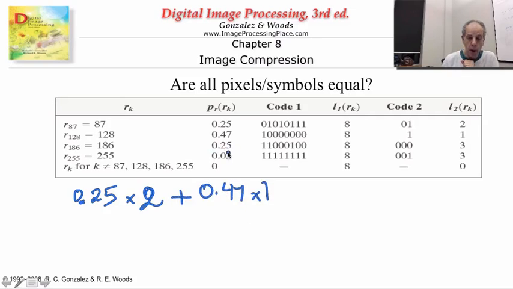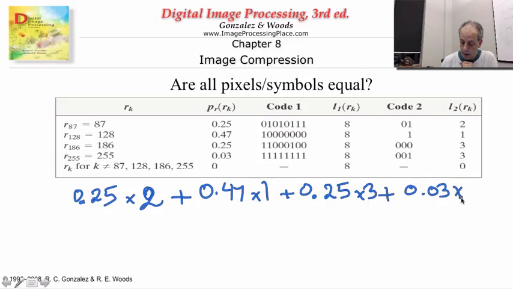With probability 0.25, so for 1/4 of the image, I'm going to have length 3. And with very small probability, I'm also going to have length 3. And this is equal to 1.81. So instead of 8 bits per pixel, I'm going to have 1.81 on average on my whole image.